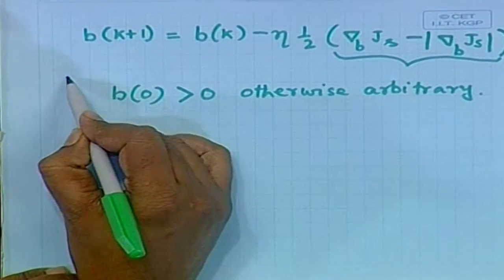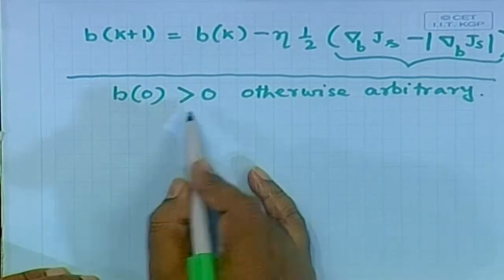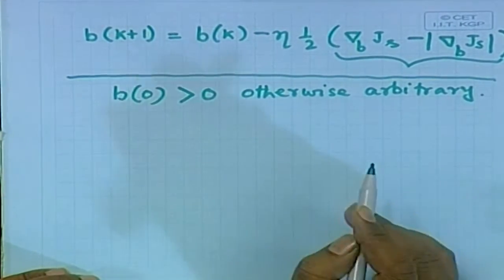So the iterative algorithm will be something like this: B0 will be greater than 0, which is initially chosen, but otherwise it is arbitrary.